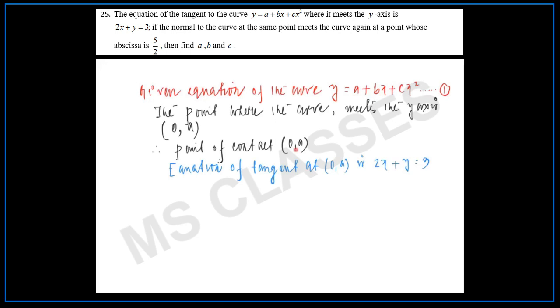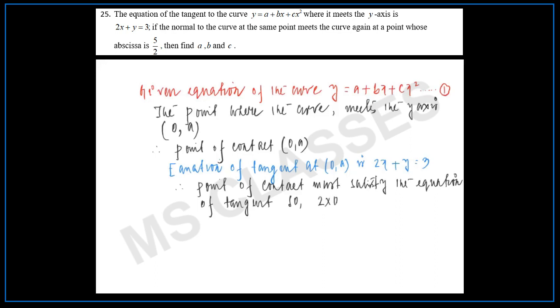Since it's a point of contact, it must satisfy the equation of tangent. So 2 into 0 plus a equal to 3. This implies a equal to 3. So this is one piece of information we are getting, that a equal to 3.